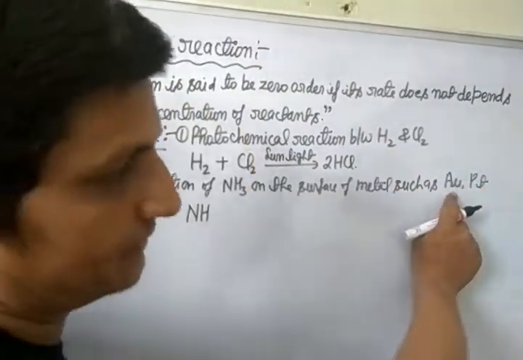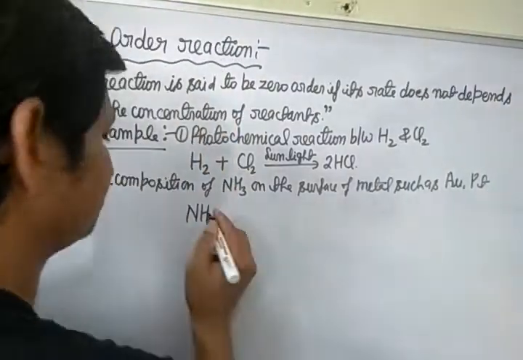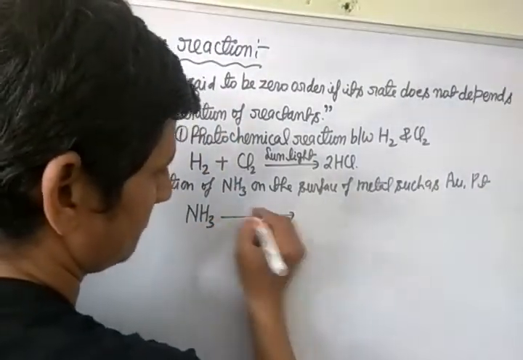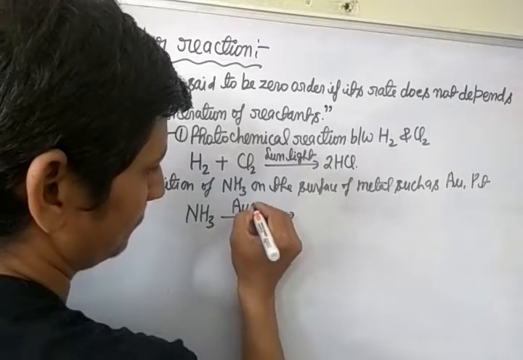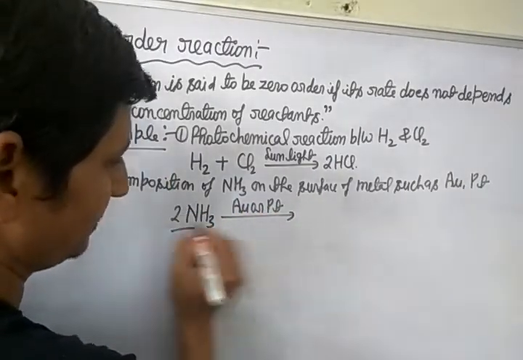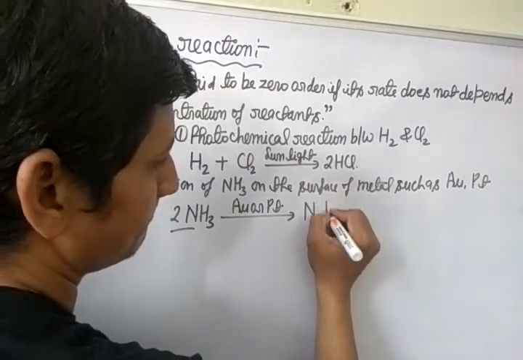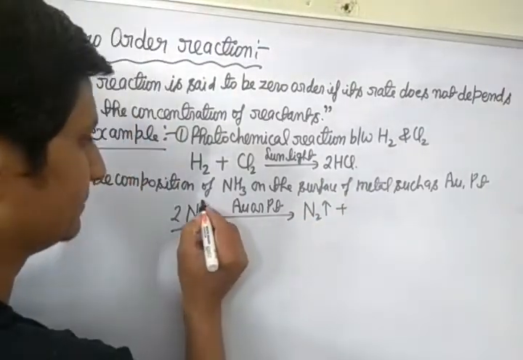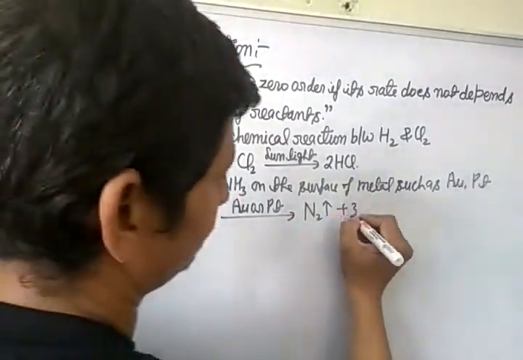The atomic number of gold is 79, platinum is 78. On gold or platinum, we get N2 nitrogen gas and 3H2 hydrogen gas.